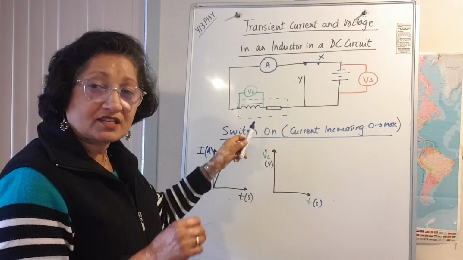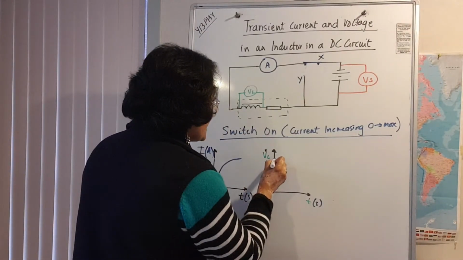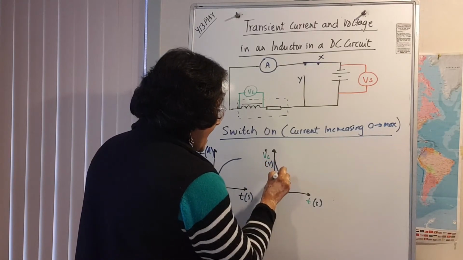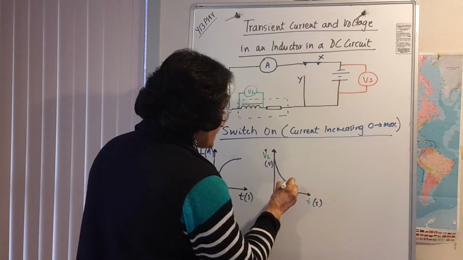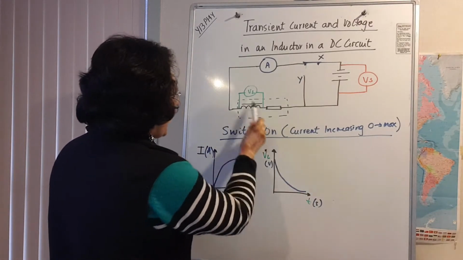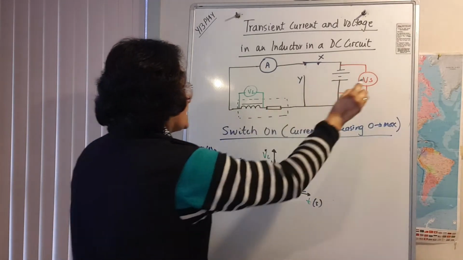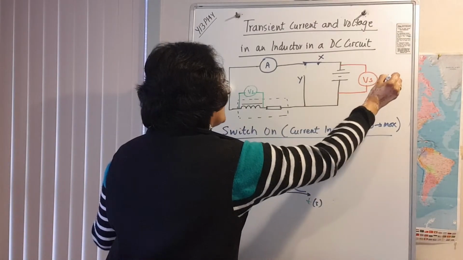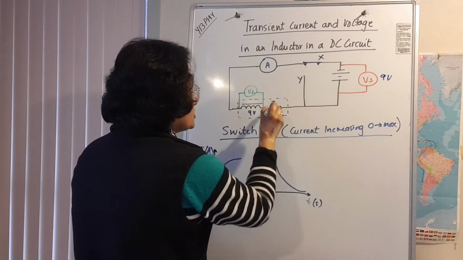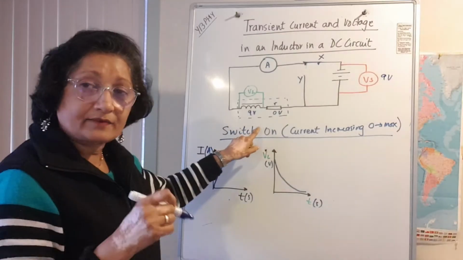So at time 0, as soon as you close the switch, the voltage across the inductor is a maximum, and then it falls and becomes 0 when the current becomes steady. At time t0, if this was a 9-volt battery, the inductor will also read 9 volts, and the voltage across your resistor is going to read 0 volts.